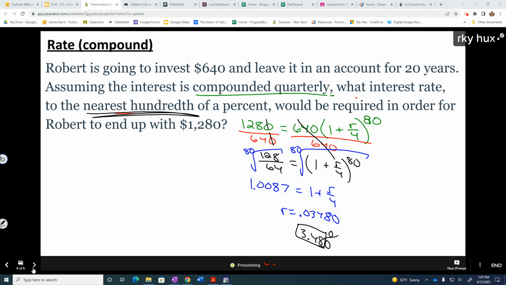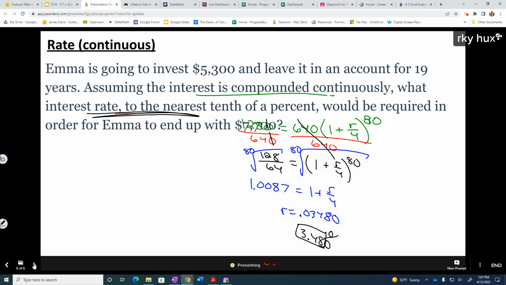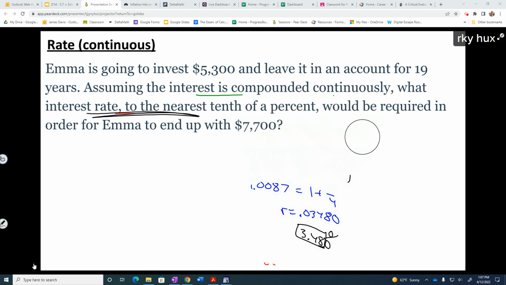All right, last one. I just want to show you one with continuous compounding, but it's actually easier. Emma's going to invest her money here, $5,300, in an account for 19 years.